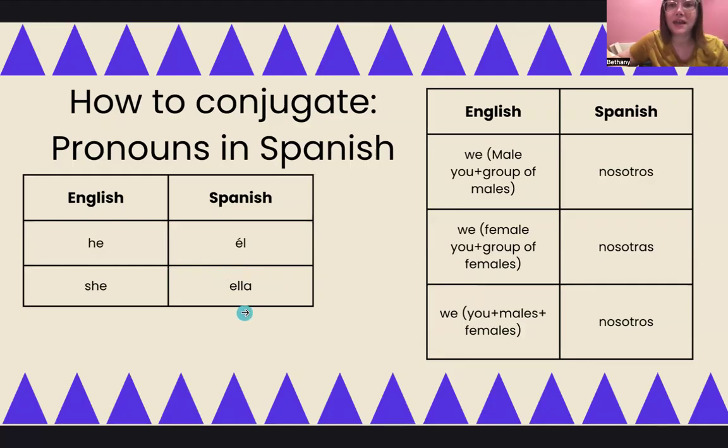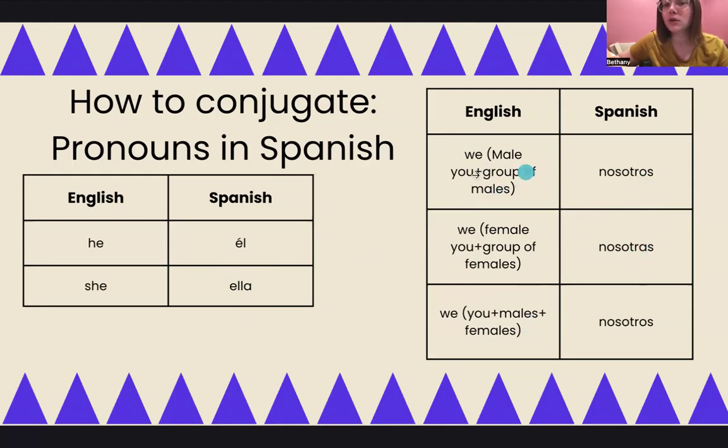And then ella. I know in English that looks like Ella. No, double L's make the J sound, ella, or the y sound. Okay? Now here's where it gets a little bit tricky. You'll notice here that this has an O and this one has an A. So this is for we.